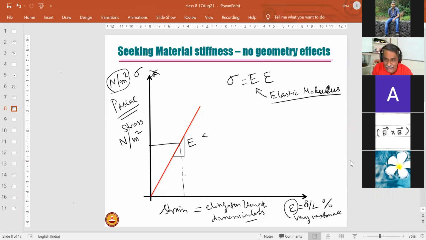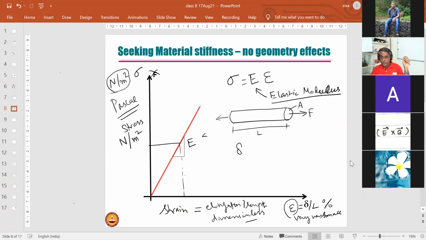All right. So let's go back to that bar. I have the bar. All right. Now I'm applying a force F here. This has a length L and cross-sectional area A. Okay. What I want to find out is elongation with respect to the force that is applied. Okay. So what I'll do is I'll start from here.